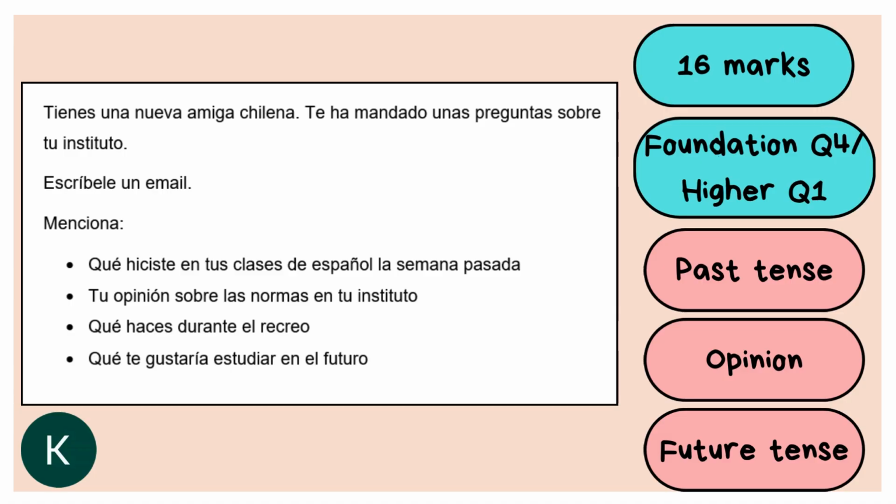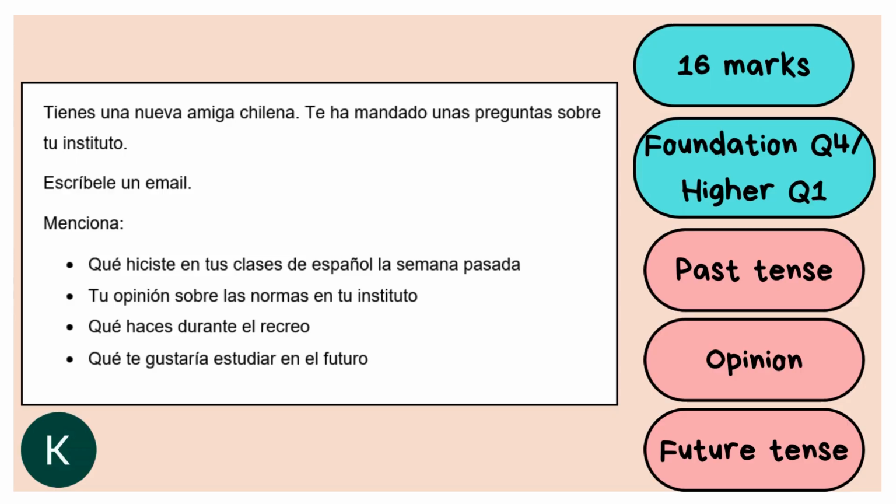There will most likely be a bullet point that asks for an opinion. So in this example, it's the second bullet point, which says, tu opinión sobre las normas en tu instituto. And there will most likely be a bullet point which requires a past tense response. In this case, it's the first bullet point. ¿Qué hiciste en tus clases de español la semana pasada?